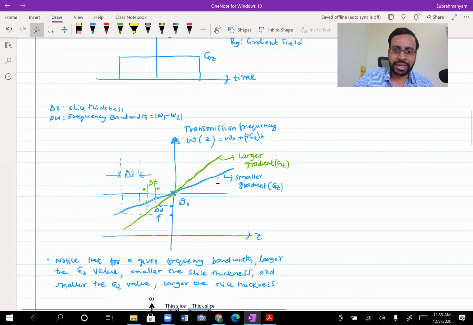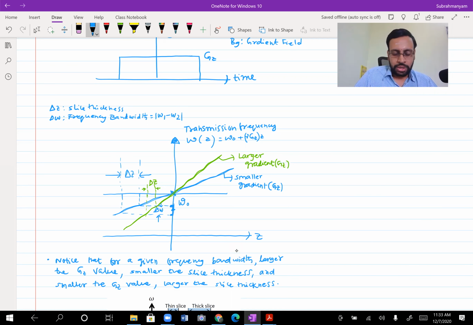Suppose you have a smaller gradient, this is how it is. If you are increasing the GZ value, this is how it is. Of course, this is very clear to you. It is essentially the slope, y equals mx plus c. Your c is omega naught here, and then what would happen if you are increasing the m value? Now suppose this is where I have an omega at which I would like to compute, and around that there is this delta of omega.